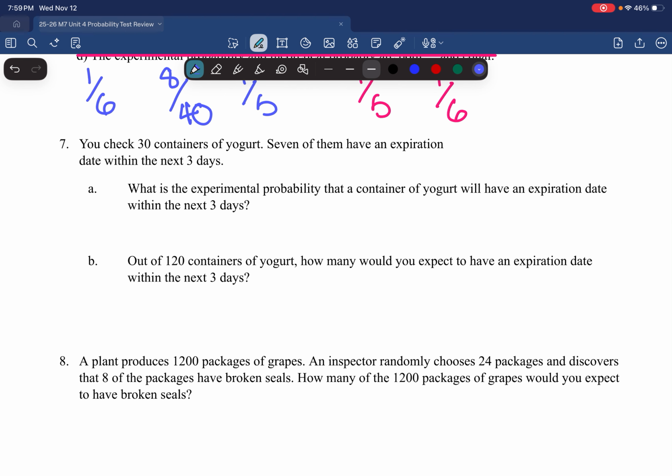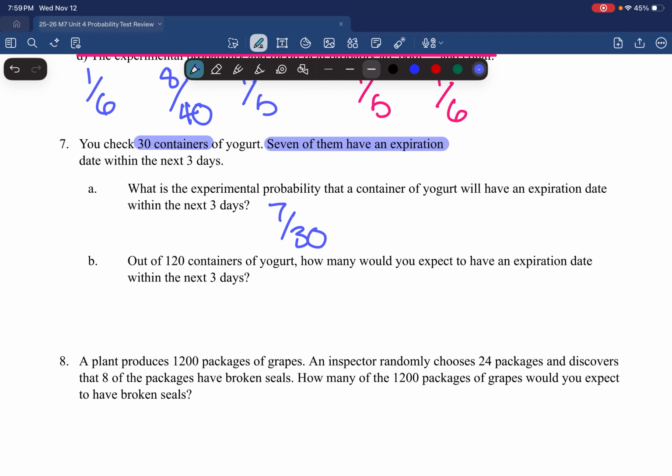What is the experimental probability that a container of yogurt will have an expiration date within the next 3 days? So 7 of 30. So that tells me it's going to be 7/30. Can you reduce that? Nope.